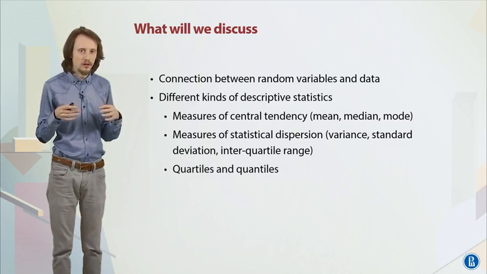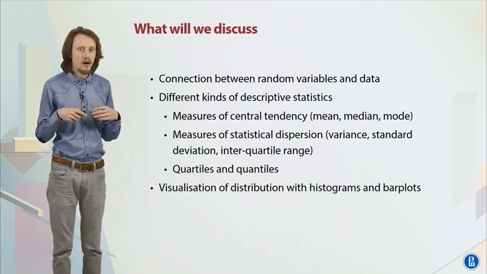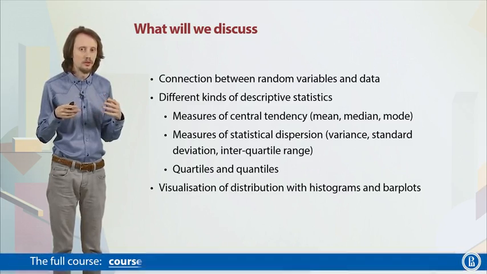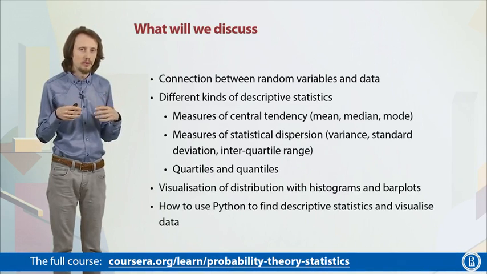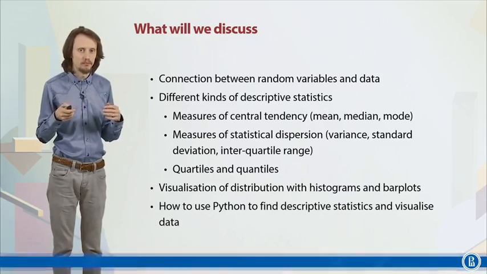We will also discuss quartiles themselves and the generalization, quantiles. We will discuss how to visualize the distribution of continuous and categorical variables using histograms and bar plots. And finally, we will discuss how to use Python to find descriptive statistics and visualize data.